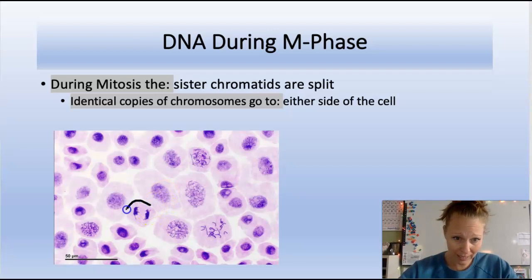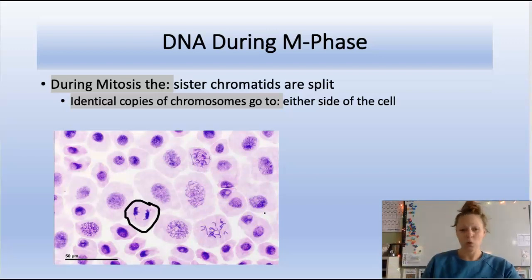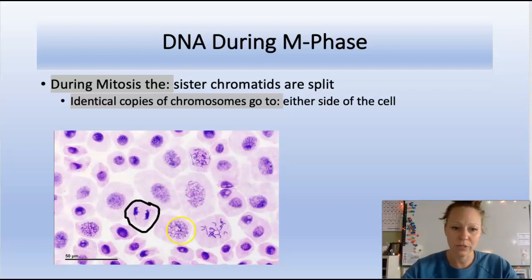We can see that in this cell right here. These are pictures of an onion root tip. So the tip of an onion plant, the roots are growing into the ground. So there's lots of growth happening. And when growth happens, new cells are dividing. And so we can see lots of cell division here.